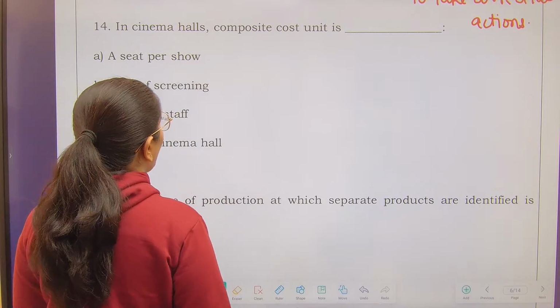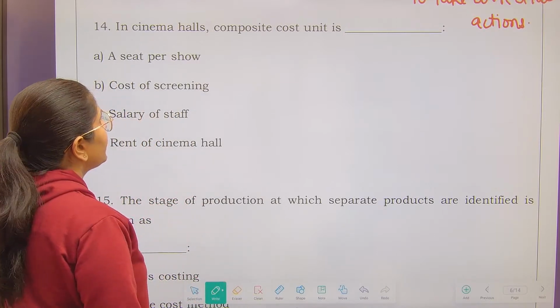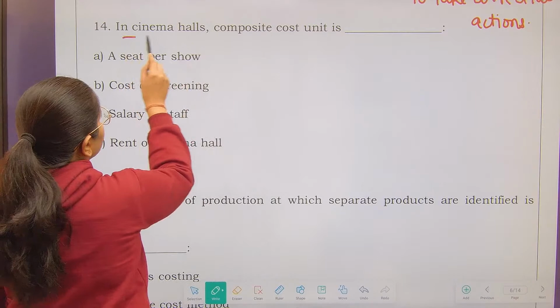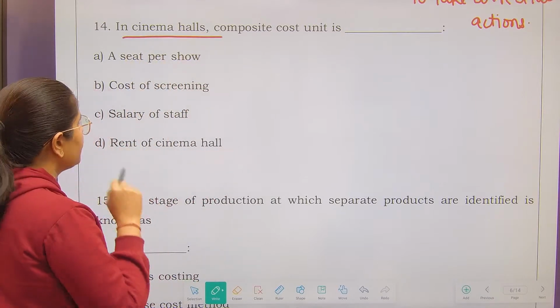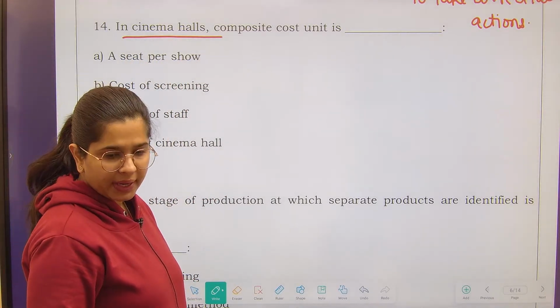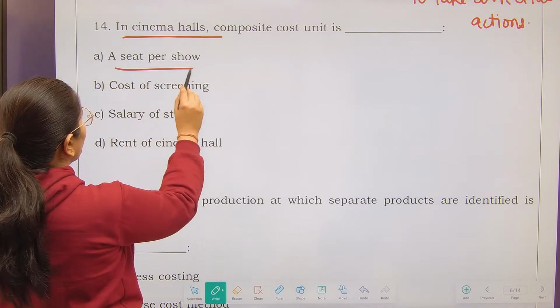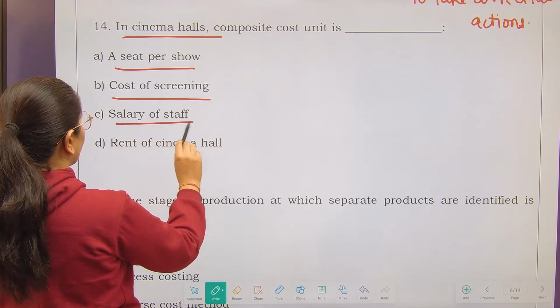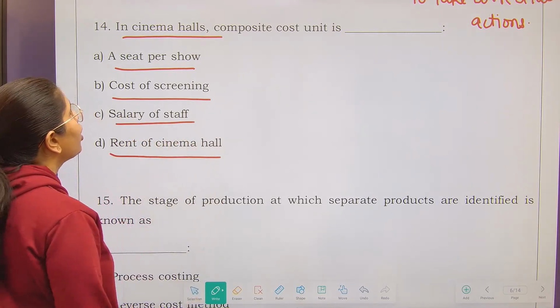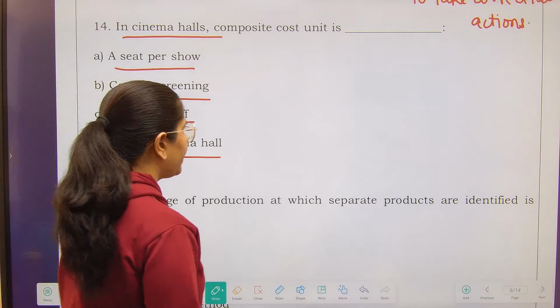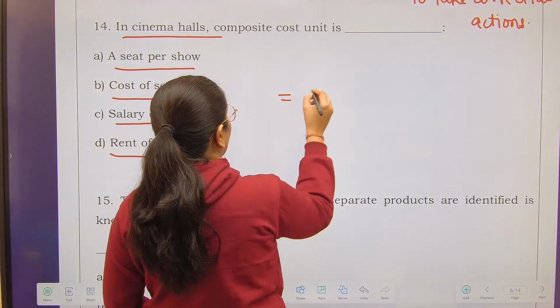Next, in a cinema hall, what is the composite cost unit? Now this particular question has been included from operating costing. Composite cost unit is: seat per show, cost of screening, salary of staff, or rent of cinema hall. What should it be? In operating costing, always remember there are two components.